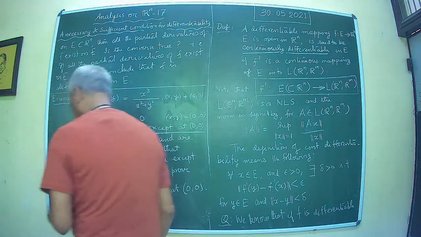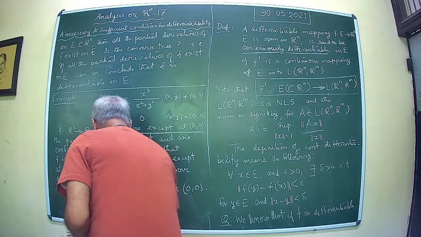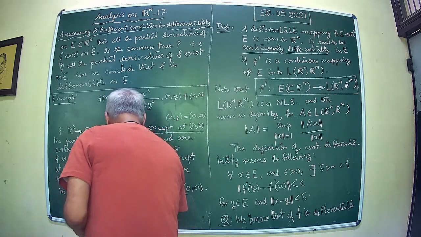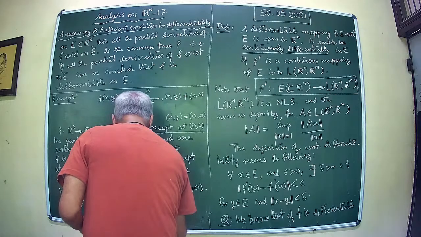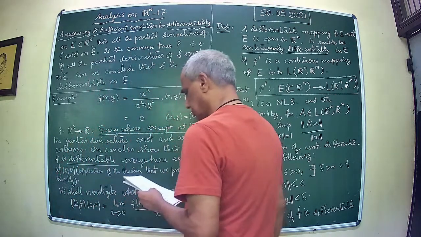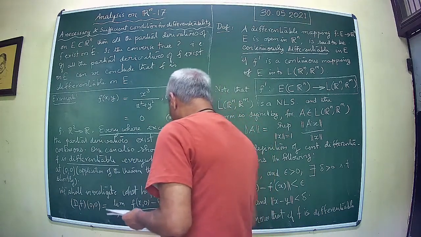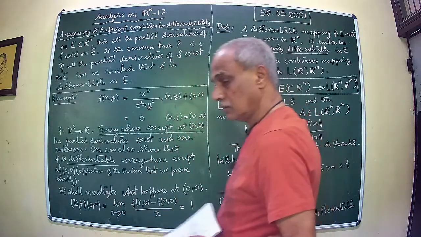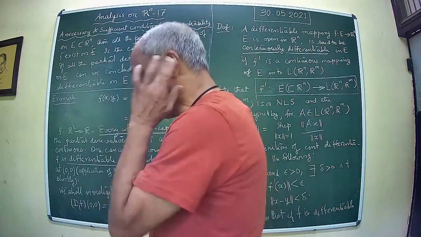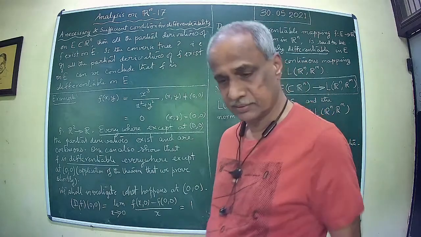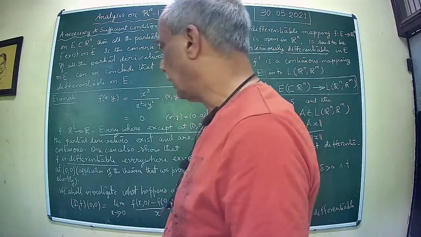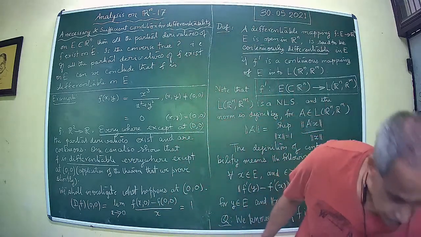This is equal to the limit, x tending to 0, of f of x, 0, so the partial derivative with respect to the x-axis at that point. There's no problem with that. Now let us compute this.